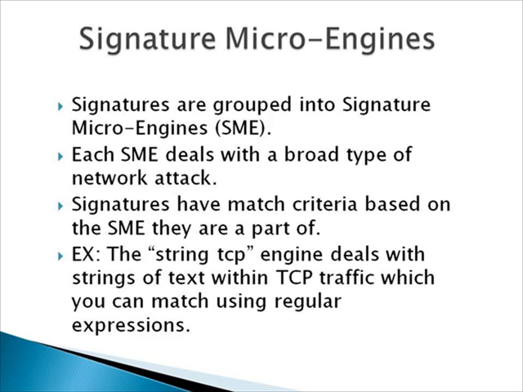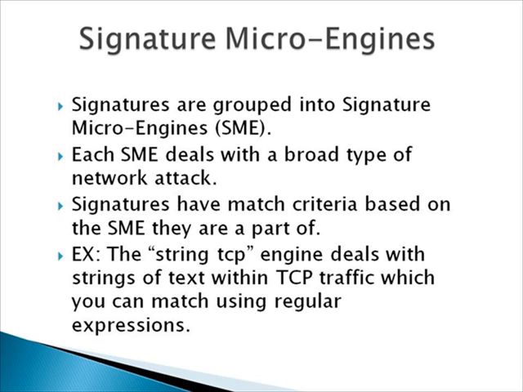Okay, so all of these signatures that we have in our signature database are grouped into categories known as signature microengines. And each of these SMEs, signature microengines, deal with a different type of network attack. So as an example, the string TCP engine is looking for, just like the name suggests, strings of text within TCP traffic. And there'll be a string UDP. There's an atomic IP signature microengine that deals with single packet attacks.